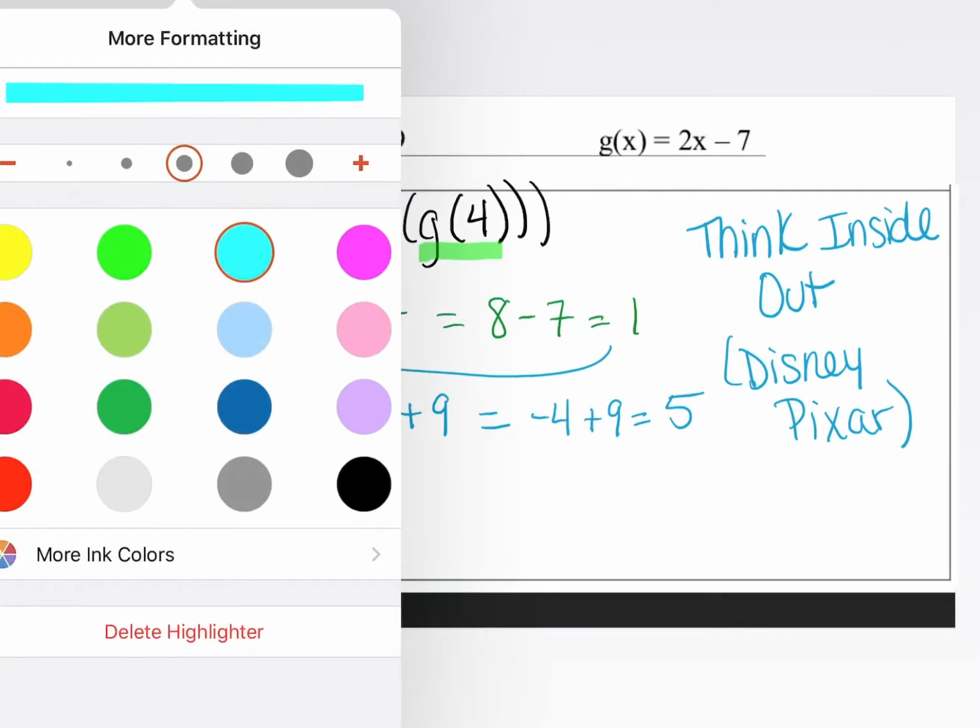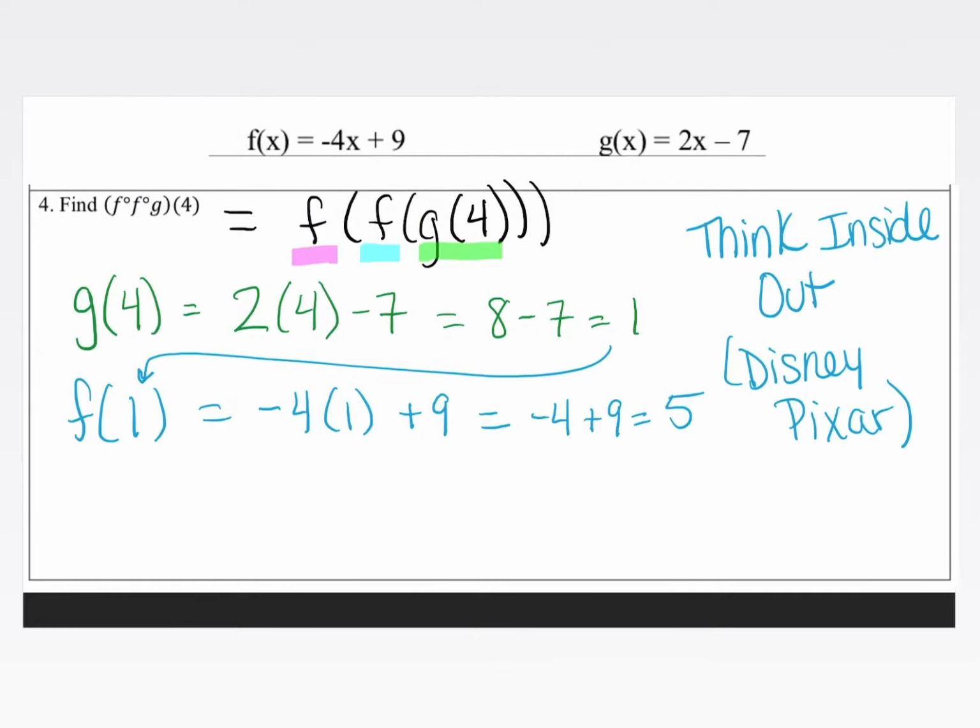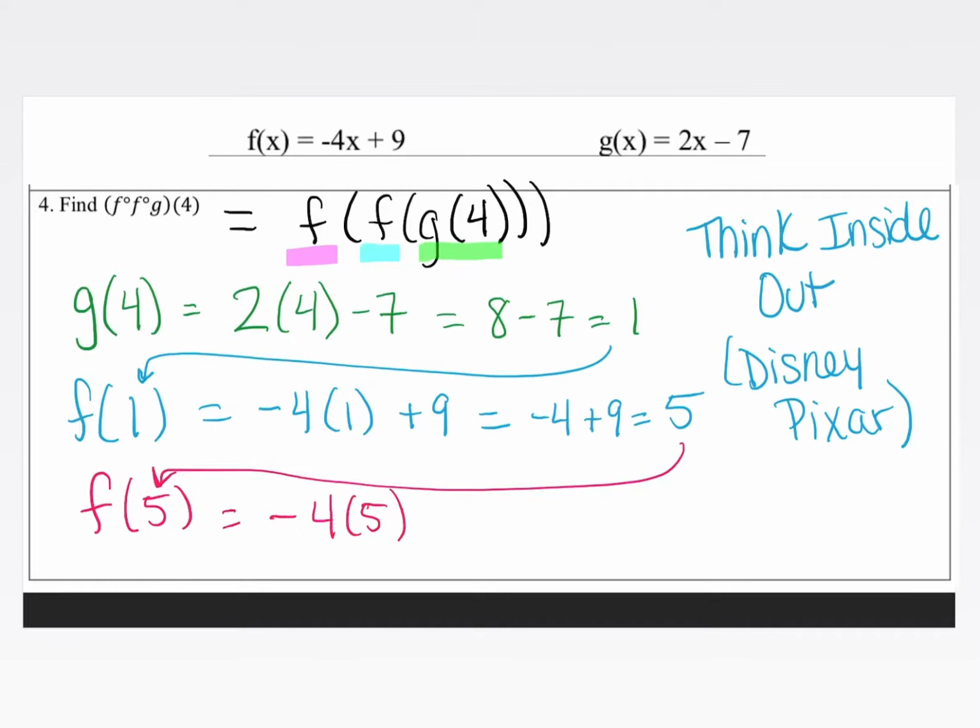Then, continuing that pattern, you guessed it, we're going to move to our outermost function here. Here we have f. But what are we going to plug in for f? We're going to plug in this 5. Here we get negative 4 times 5 plus 9, which gives us negative 20 plus 9, which equals negative 11.